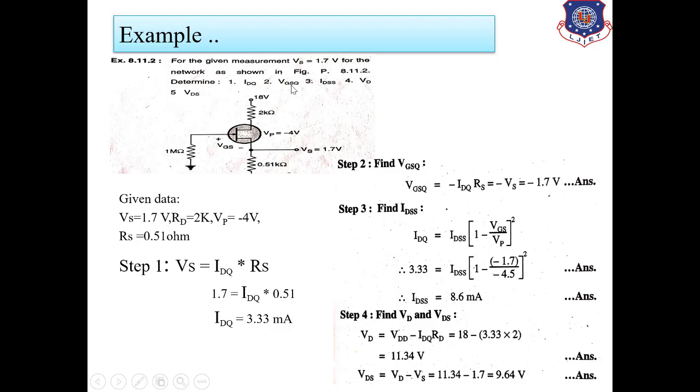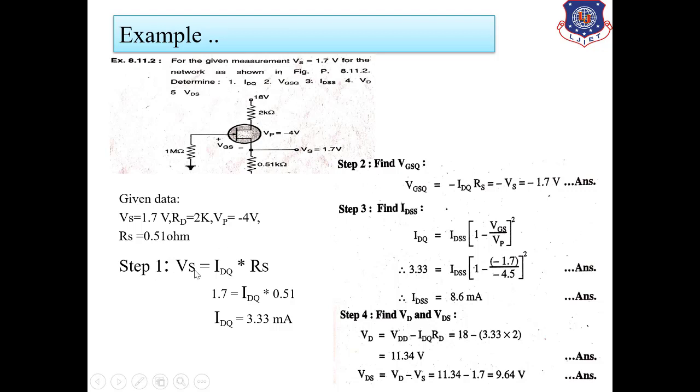Drain current, VGS, IDSS, that is the maximum drain current, and VD and VDS. First of all, students, you will have to write down the given data. Source voltage is given as 1.7 volt, RD 2K, VP minus 4 volt, and RS 0.51 kilo ohm. These are all the given data.